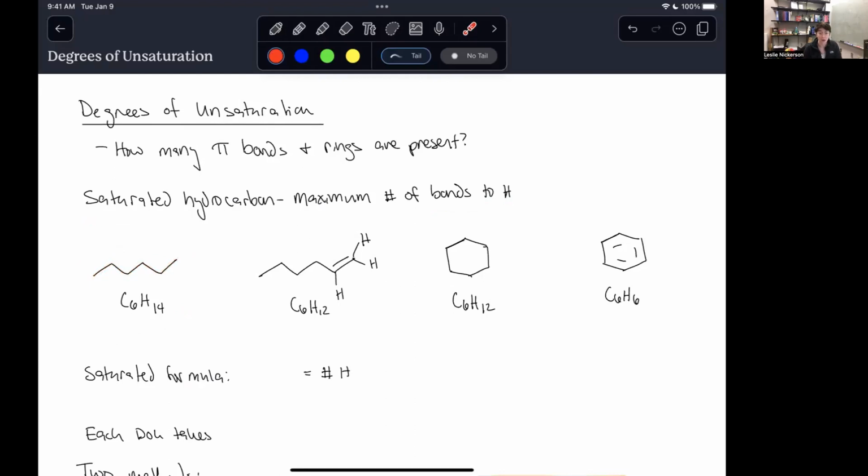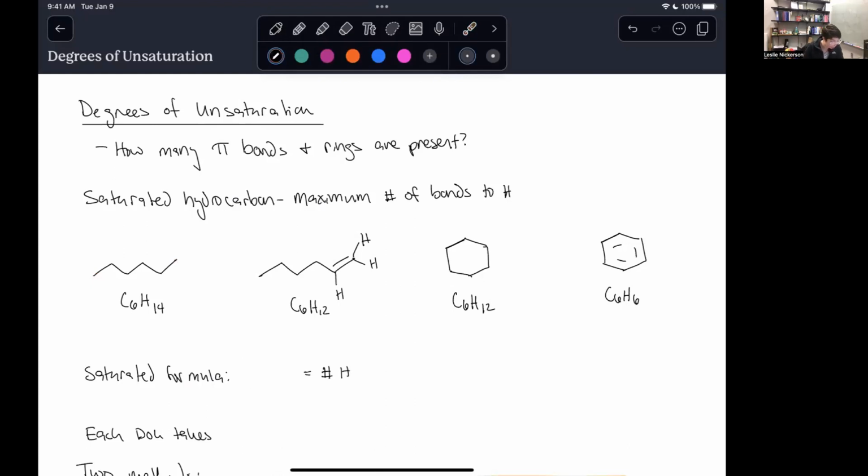You can think about that in that if we just have a straight chain, we're going to have two H's on any of the internal carbons, which is a total of 8. We have 2 on the end carbons, which is an additional 12. But then to fill out that octet on our terminal end carbons, we have to add another H each.